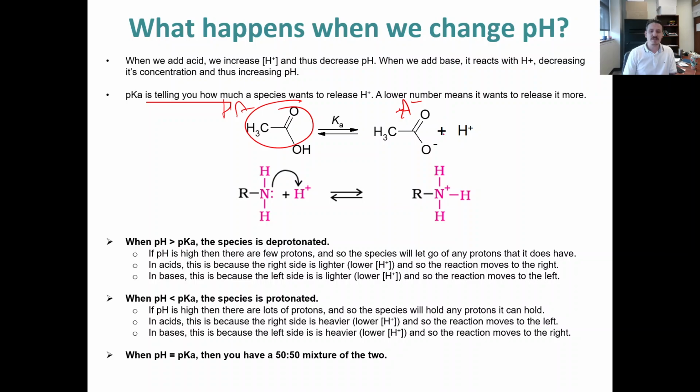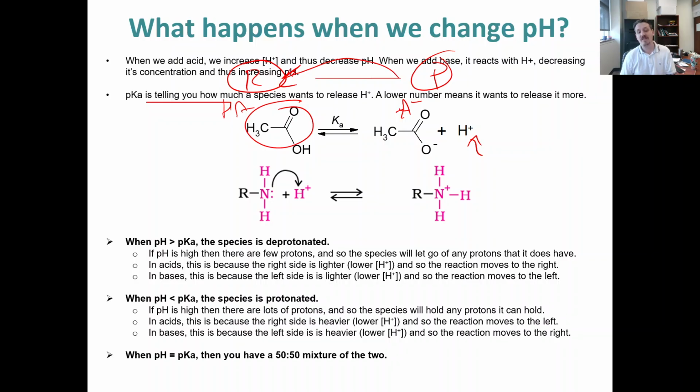Now, because of Le Chatelier's principle, if we were to introduce another acid, a second acid, you're going to increase the concentration of H+, thus increase the concentration of products. Thus, this equilibrium is going to shift over, and some of the A- and H+, some of the products, are going to react and do the reverse reaction to make some more reactant.